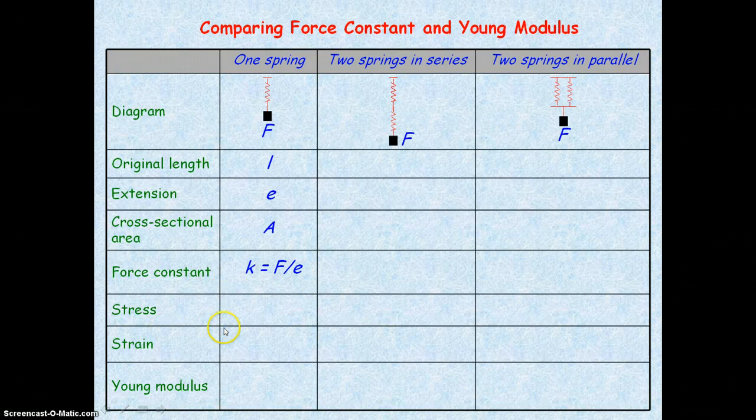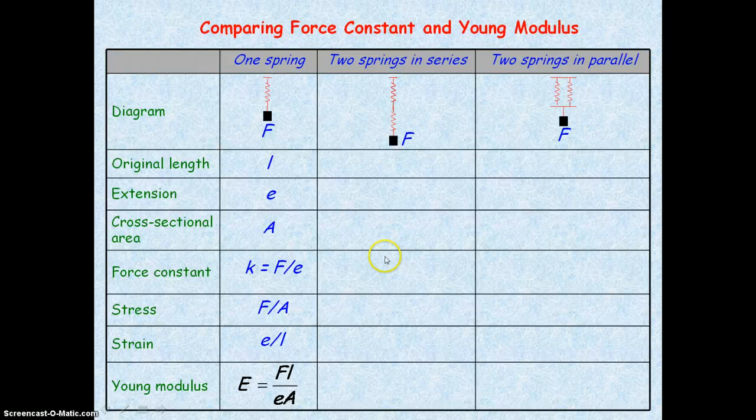The stress for this spring is the force divided by cross-sectional area, and the strain is the extension divided by the original length.